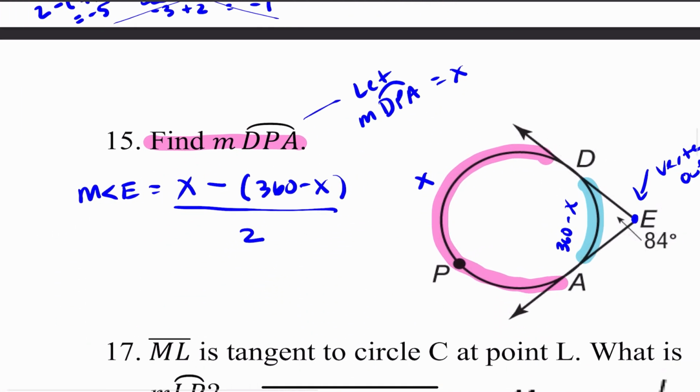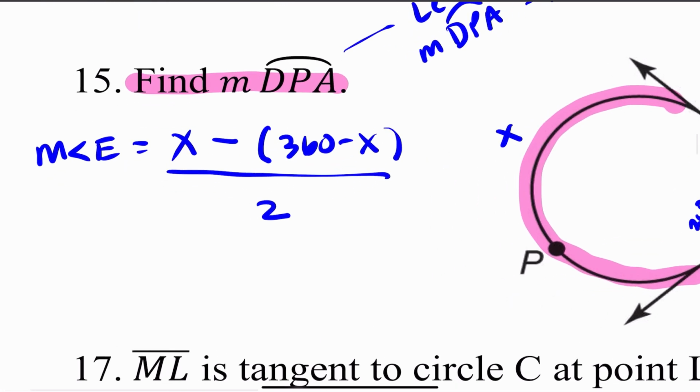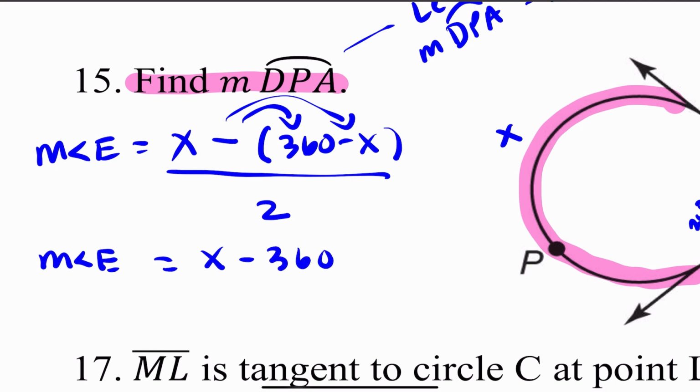So the measure of angle E is equal to x minus the quantity 360 minus x, and then it's all over 2. So remember, if you have a negative in front of the parentheses, you gotta make sure that you distribute the negative. So the measure of angle E is equal to x minus 360 plus x all over 2.